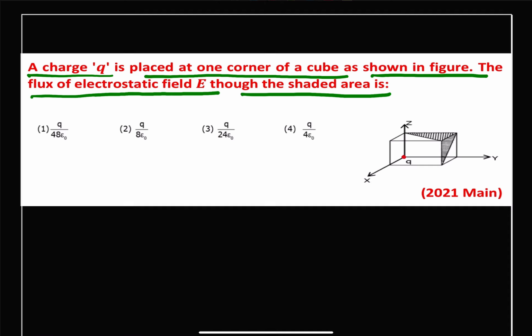We want to use the Gauss law, but for the Gauss law, the charge should be enclosed within the surfaces. That is the main condition of the Gauss law. Gauss law states that total flux should be equal to charge enclosed divided by epsilon naught.